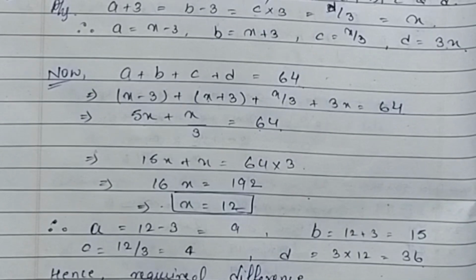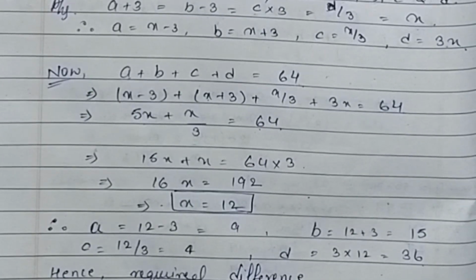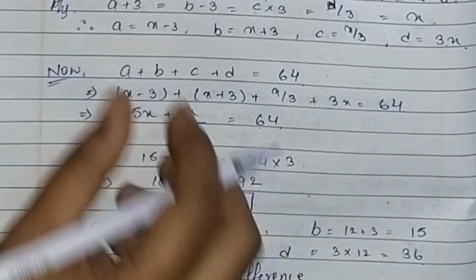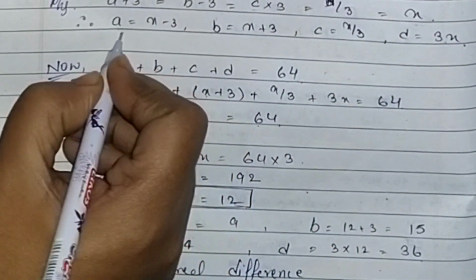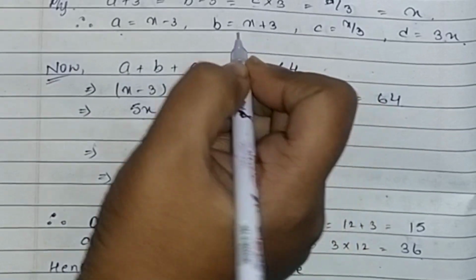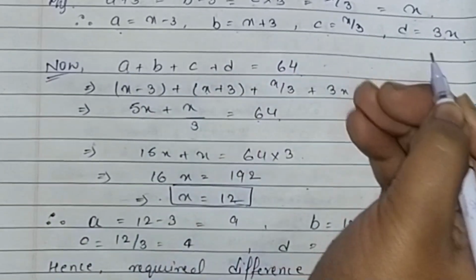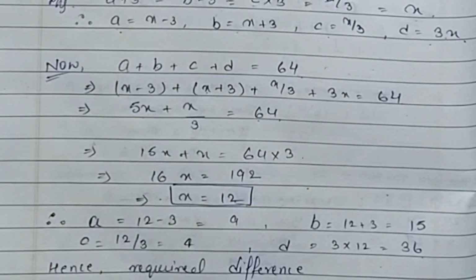So now we have found the value of x. Now we will find the values of A, B, C and D also, because we know A is equal to x minus 3, B is equal to x plus 3, C is equal to x by 3 and D is equal to 3x.